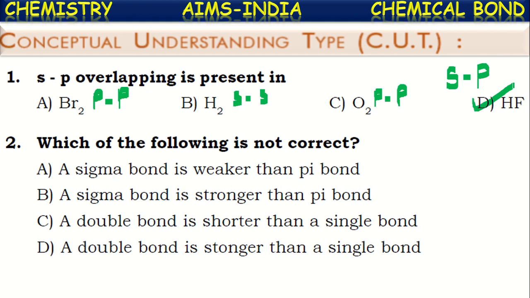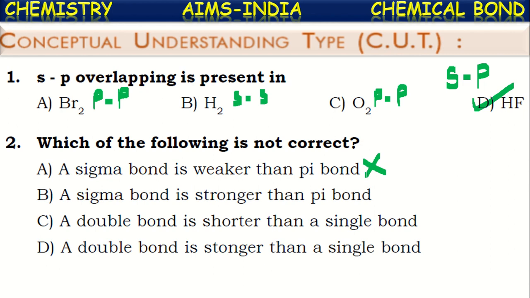See here some statements are given. We have to identify which statements are correct or incorrect. Let us find out. See the first one: a sigma bond is weaker than a pi bond. Is it correct? No. Because a sigma bond is formed by the end-to-end overlapping of atomic orbitals on the axis of the nuclei, and hence the extent of overlapping is maximum.